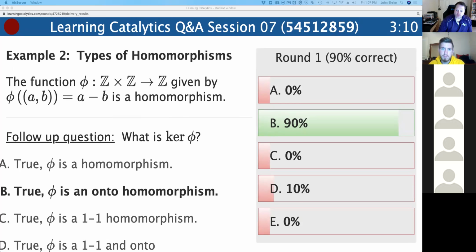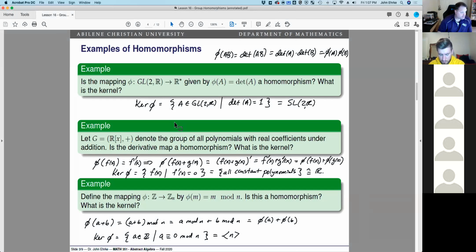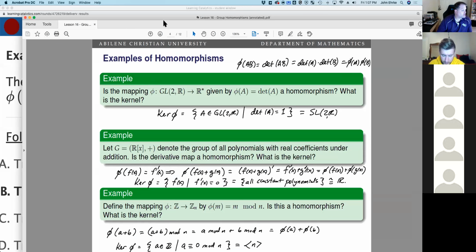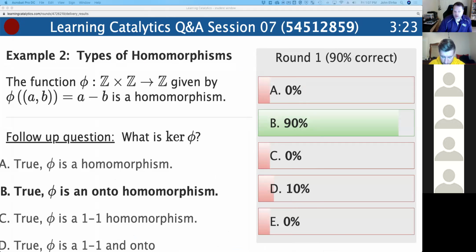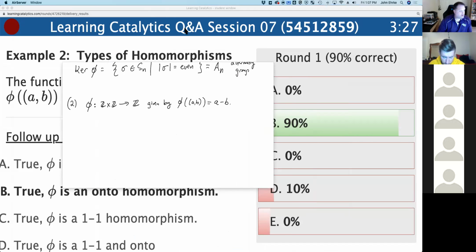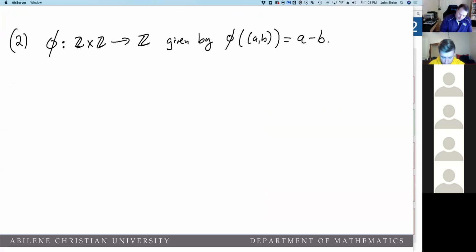Remember, the term onto means every element in the range gets mapped to. If I look at this mapping, this is what the range looks like. This is what the domain looks like.